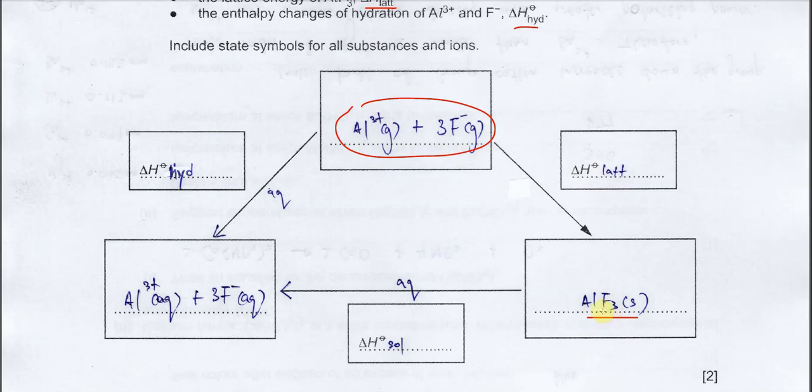And this salt can dissolve and form the solution, so you put the arrows here, and of course put aqueous, and this is delta H solution, forming the aluminum ion and the fluoride ion solution. And the gaseous ions themselves, without going through the lattice energy and delta H solution, can be hydrated. So the gaseous ions can dissolve in water to form this solution. The enthalpy involved is the enthalpy of hydration. So this is the complete energy cycle.